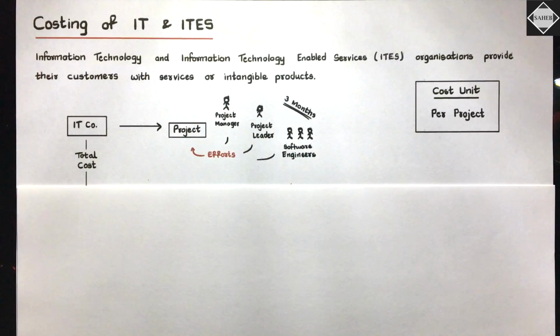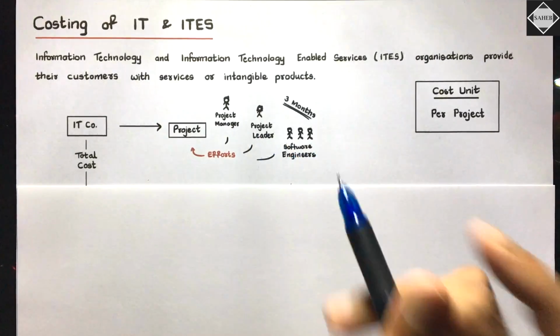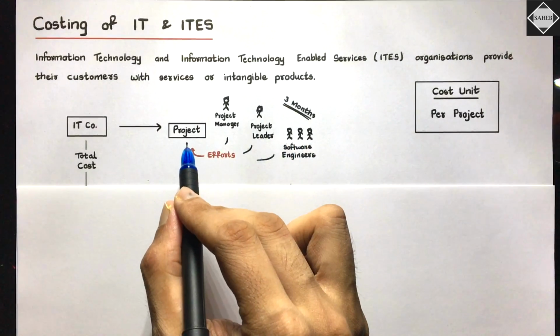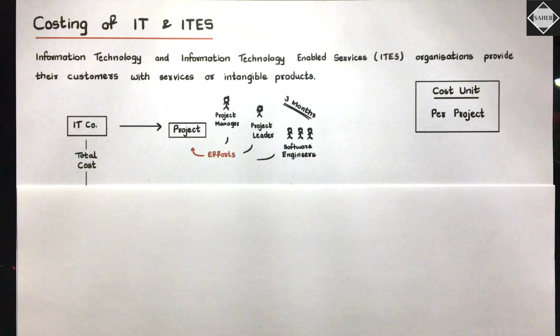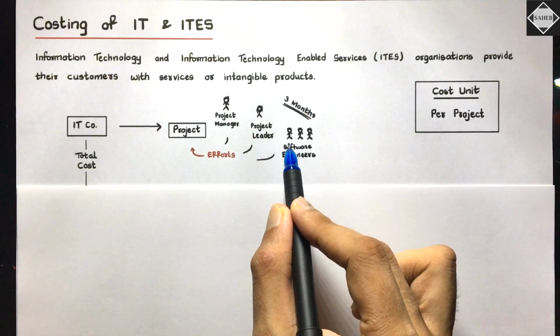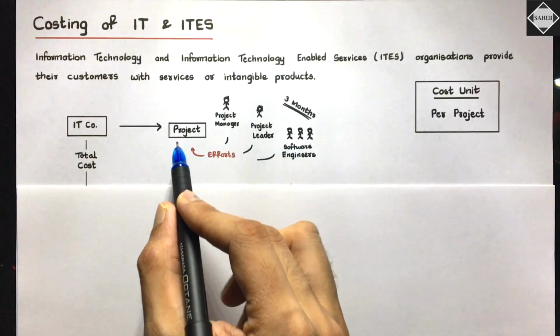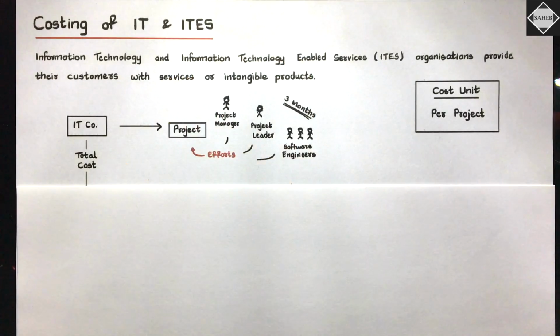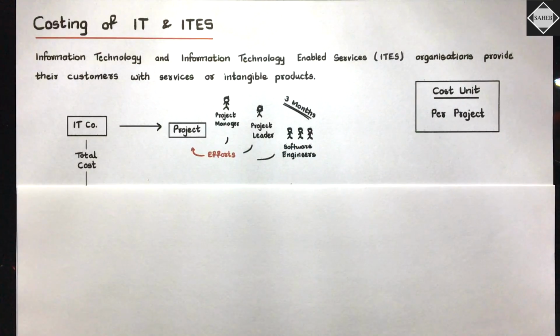Now it is directly identifiable how much salary is paid to these people and for how long they are working on the project. So easily the salary cost can be allocated to the project. Say this software engineer's salary is 30,000 per month, and he has worked on this project for 3 months. So 30,000 into 3 is equal to 90,000.